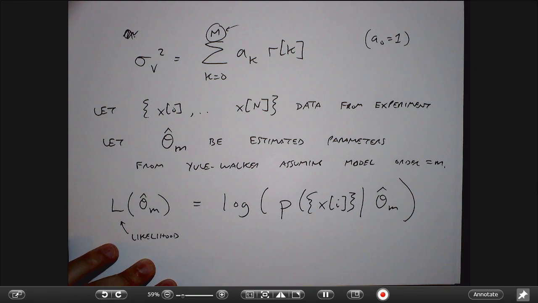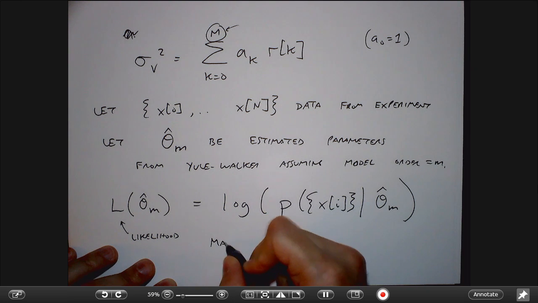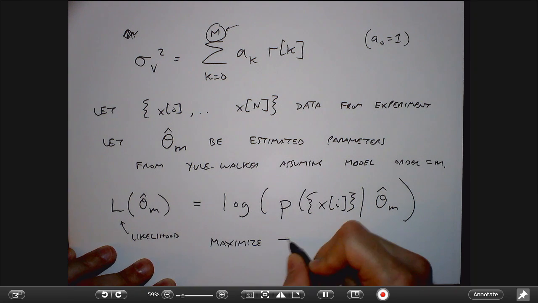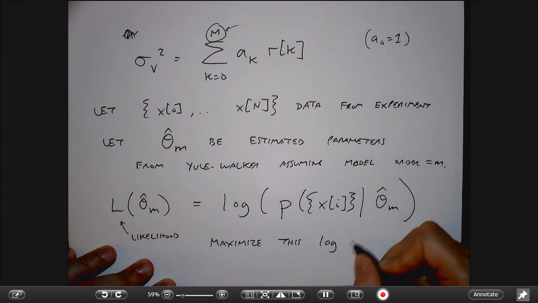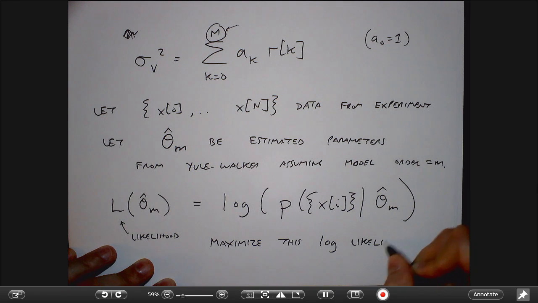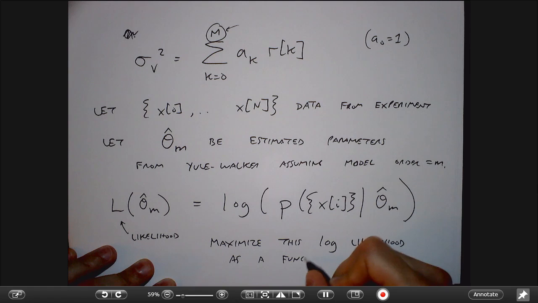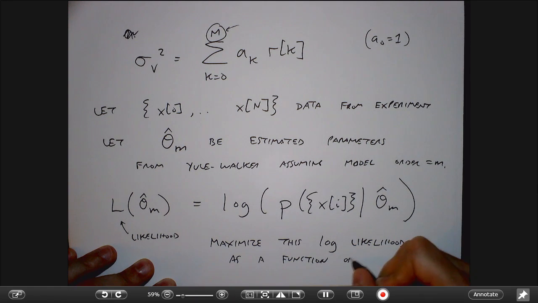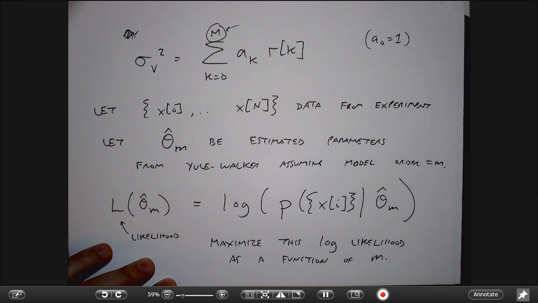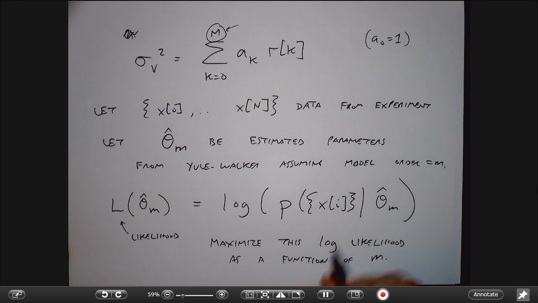And so what I want to do is maximize this log likelihood as a function of M. And that tells me, as I optimize over M, make this as big as possible.